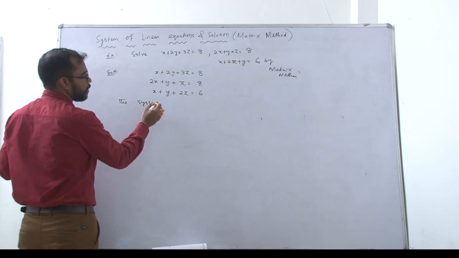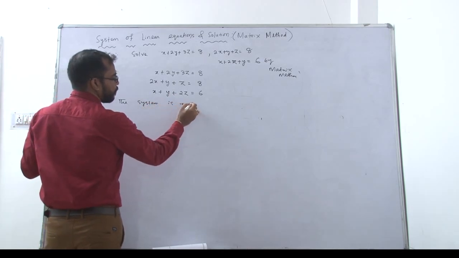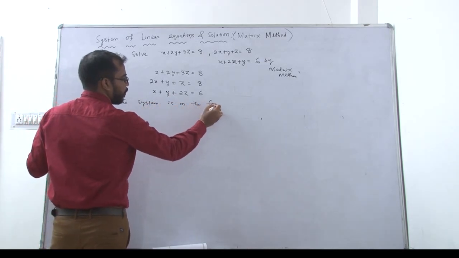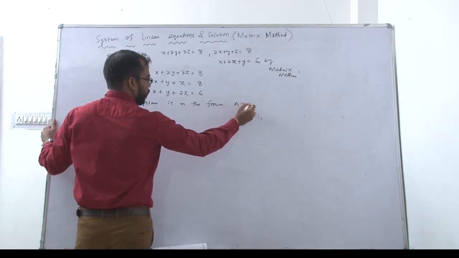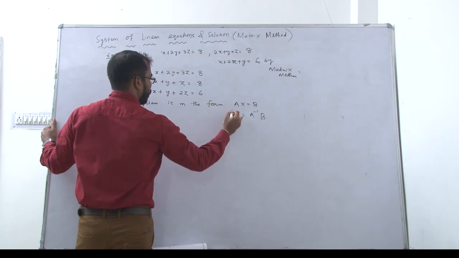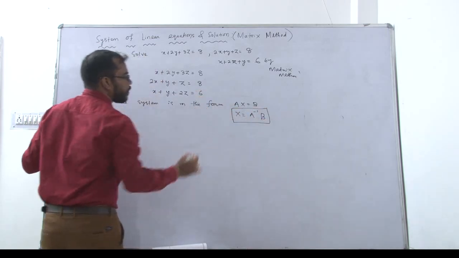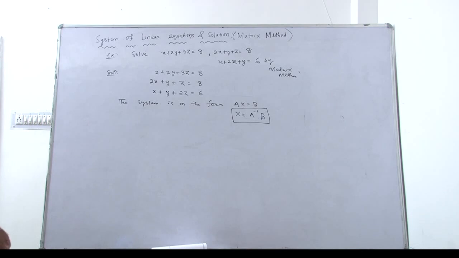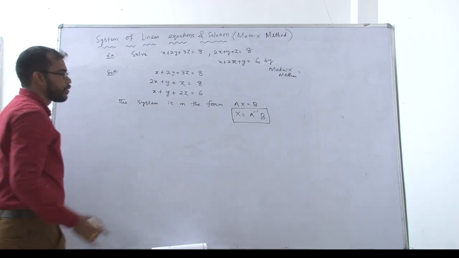So here you can see the system is in the form AX is equal to B, and the value of X is equal to A inverse of B. This is the formula to evaluate the value of X by matrix method.